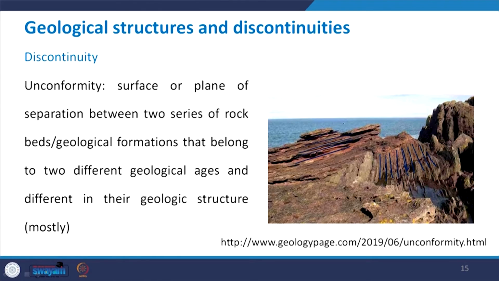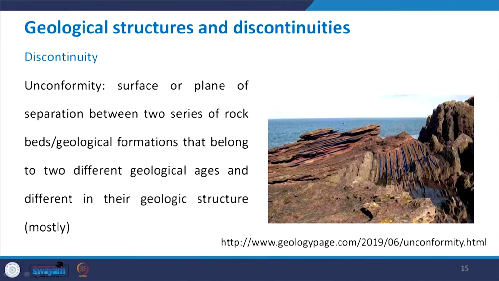So basically, an unconformity is defined as the surface or plane of separation between two series of rock beds or geological formations which belong to different geological ages, and they are different in their geological structures most of the time. In this case, this is the unconformity.